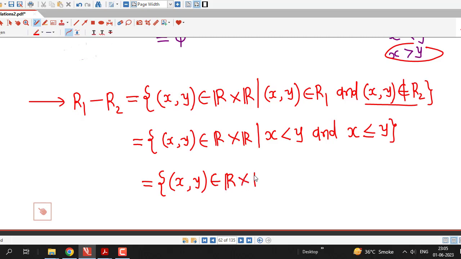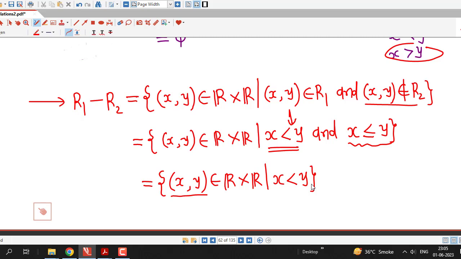We have to combine these two conditions. We will collect all those ordered pairs which satisfy both of these conditions, that is x is less than y and x is less than or equal to y. So the intersection is x is less than y.